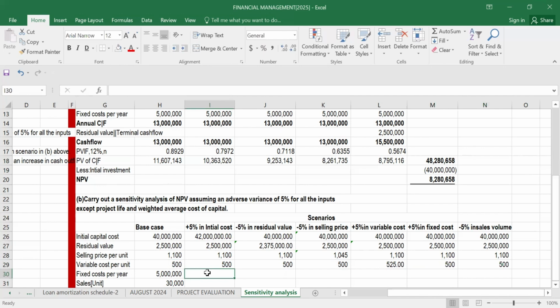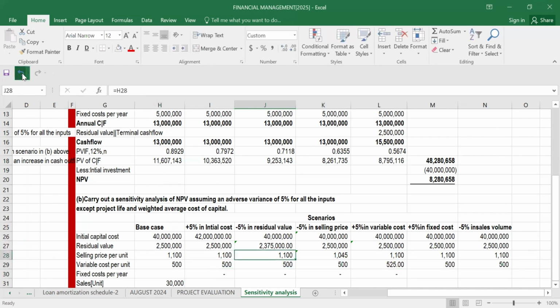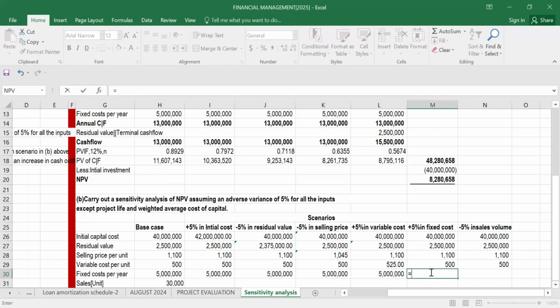Okay, so then here the fixed cost remains the same. Still here it remains the same. I hope that will... no, we need to bring it here manually. So let me undo. Okay, so this one will be 5,000. But here the fixed cost will increase with 5%.